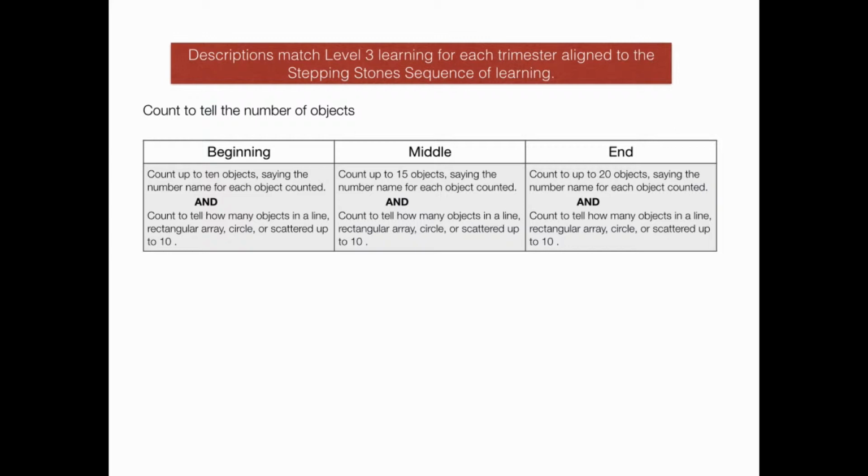For example, at the beginning of the year, to be proficient in kindergarten in the area of counting to tell the number of objects, a student would need to count up to 10 objects, saying the number name for each object counted. In the middle of the year, a student would need to count up to 15 objects. By the end of the year, a student would need to count up to 20 objects.